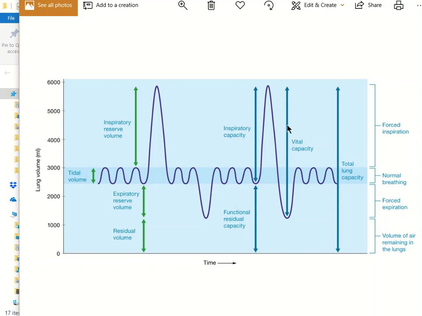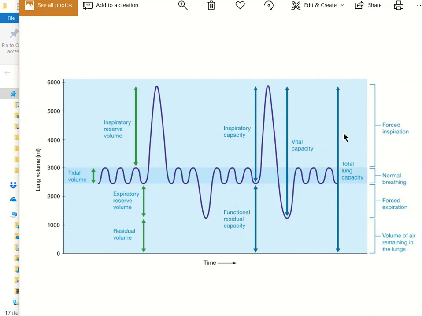So that's going to include the air you can forcefully breathe out, quietly breathe in and out, and forcefully breathe in, quietly breathe in and out, and then forcefully breathe out here. It's going to include all of the air that you're exchanging and exclude the air in your lungs that you're not exchanging.